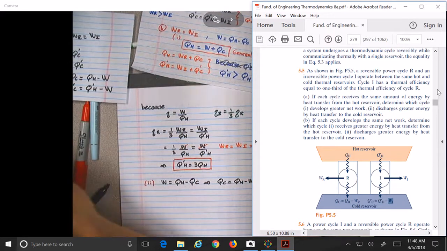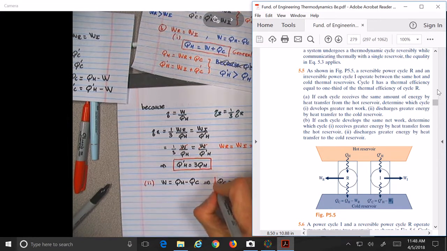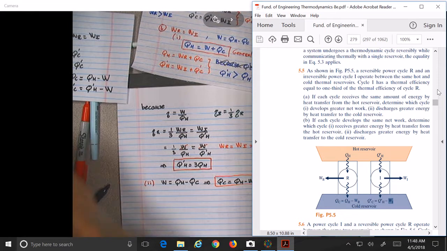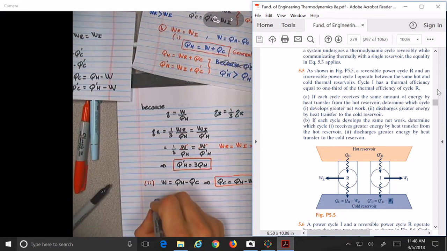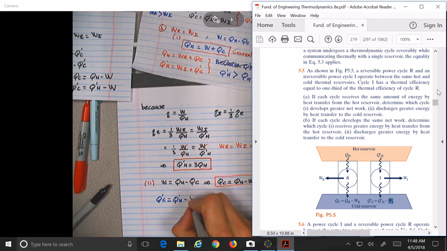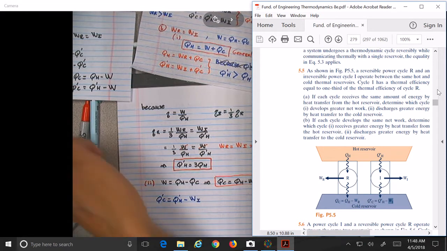So if this is our general equation, now we can write what? We can write that Q prime C equal to Q prime H minus work of the irreversible. But I'm going to go a little bit faster.